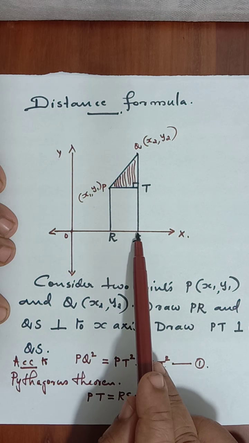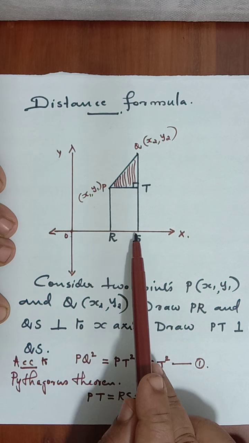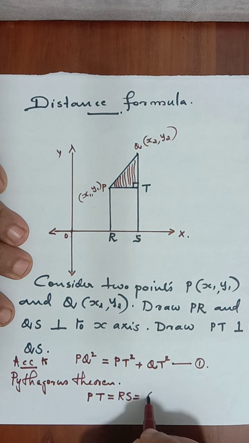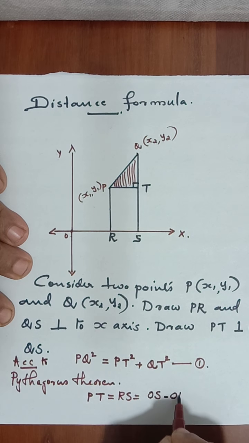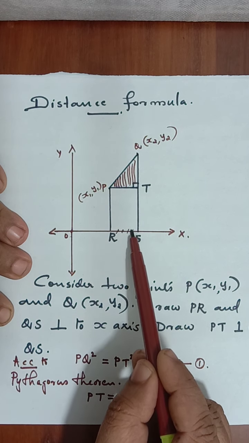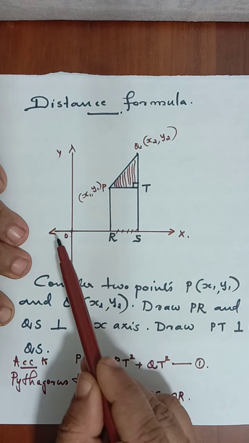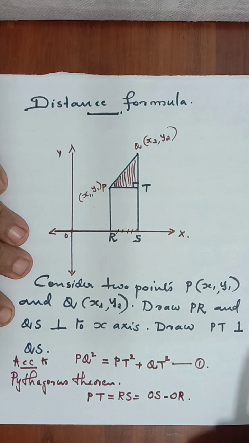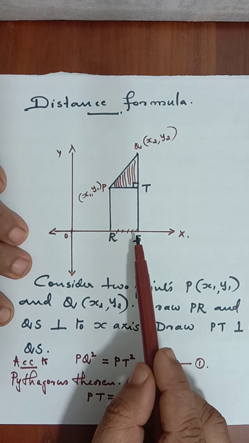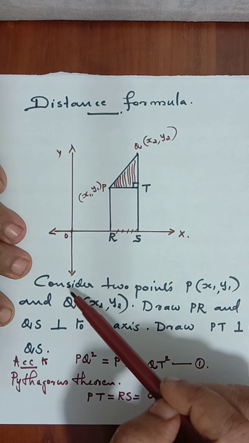What is RS equal to if we consider OS and OR? OS minus OR. That is our RS. RS equals OS minus OR. This length is OS minus OR, from the origin we are measuring. So what does OS mean? It is the distance to S from the y-axis.